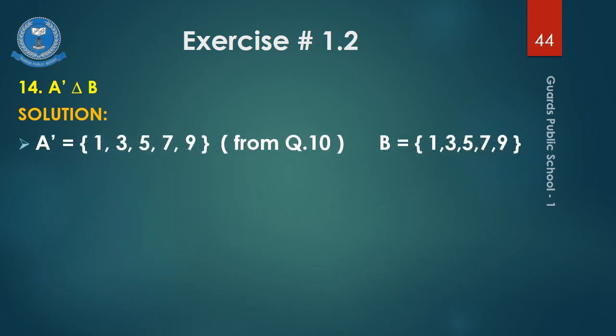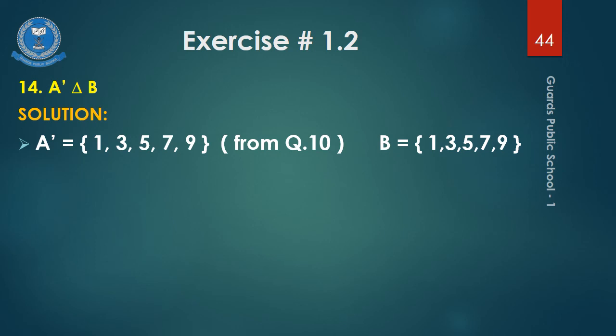First find A complement, and since we have found A complement in question number 10, slide number 17, therefore I am directly using the result of A complement, which is equal to 1, 3, 5, 7, 9. It means simply the difference of A from the universal set, and members of set B are 1, 3, 5, 7, 9, which is the set of odd integers less than 10.